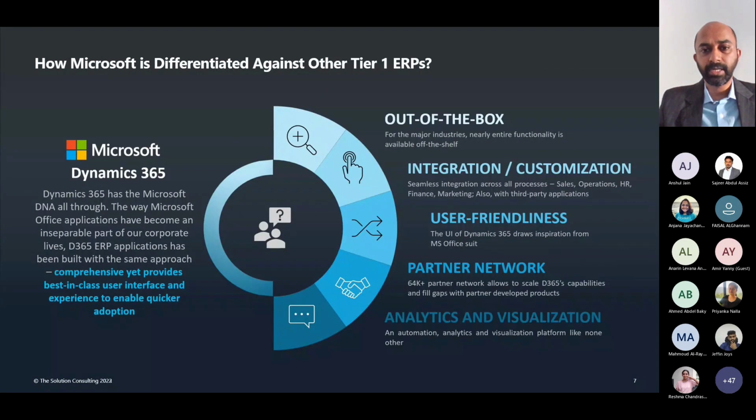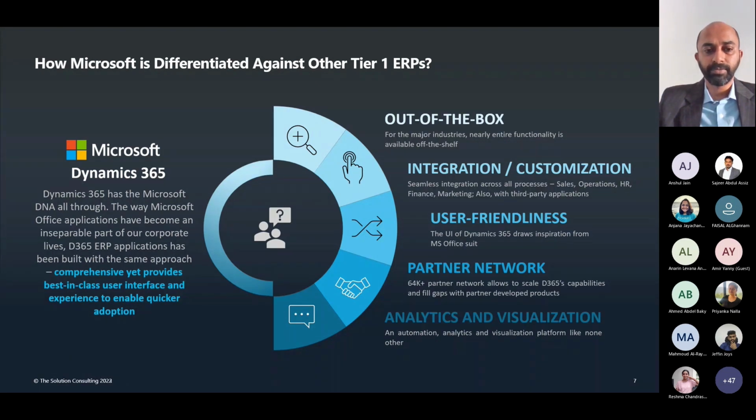How is it differentiated against other ERP solutions? There are 4 or 5 things that we feel differentiate Microsoft Dynamics from the others. One, it has been built from scratch. It is out of the box. A lot of features and a lot of industries get covered out of the box, so very little integration or customization is required.